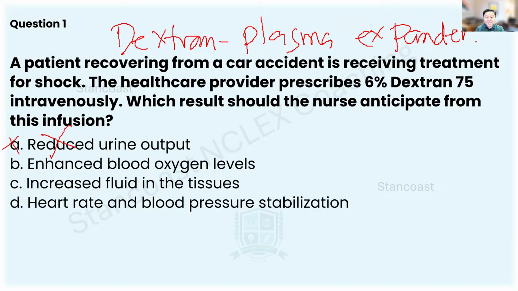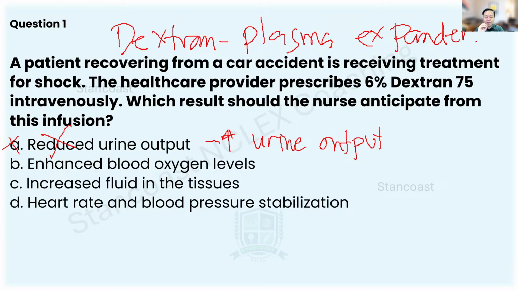The expected outcome for this patient is an increase in urine output. Although this is not really the main therapeutic response to the medication, it can help in perfusion. It can increase the blood supply to the kidneys. So the expected result here is increased urine output.